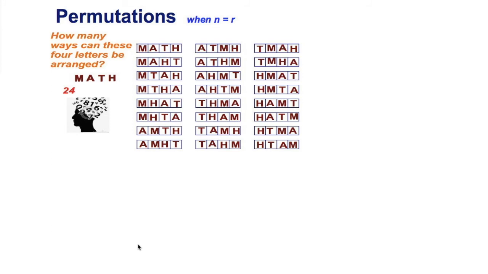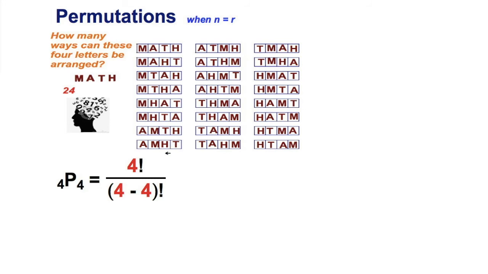Now, pay careful attention to this. There's something really slick that comes up here. So again, we already did this. We already know the answer is 24. You actually wrote them all out. You arranged math using all 4 letters and all the unique ways you could write it out. And there they are, right there in your notes. So let's suppose I say 4 permute 4.